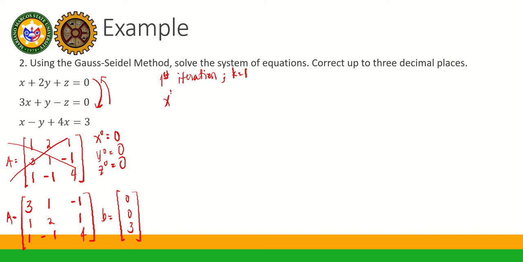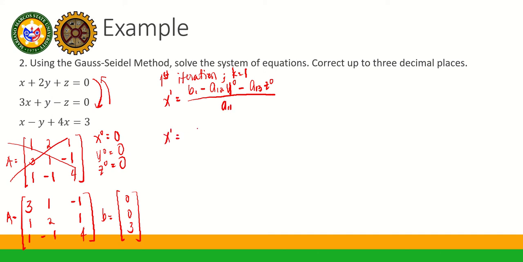So, our x raised to 1 is equal to b raised to 1 minus a12 times y raised to 0 minus a13 times z raised to 0, all over a11.